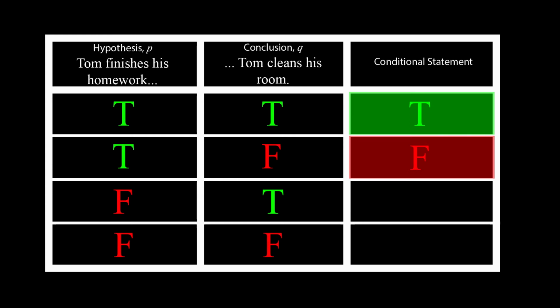When the hypothesis of a conditional is not met, then the truth of a conditional statement can't be determined. And when the truth of a conditional statement can't be determined, well, it's considered true by default. We give it the benefit of the doubt. Consequently, the only time a conditional statement is ever considered to be false is when the hypothesis is true and the conclusion is false.